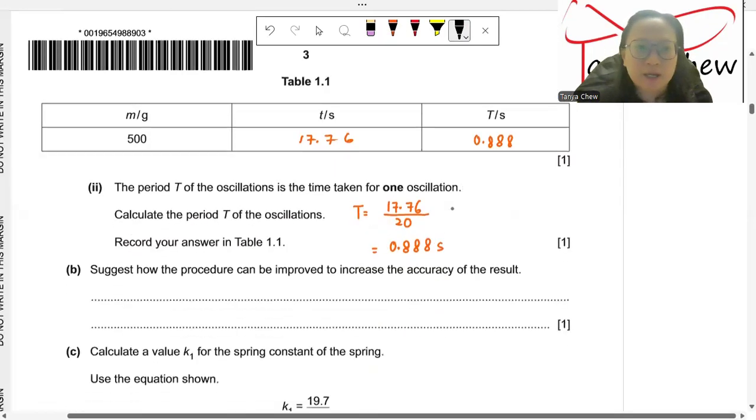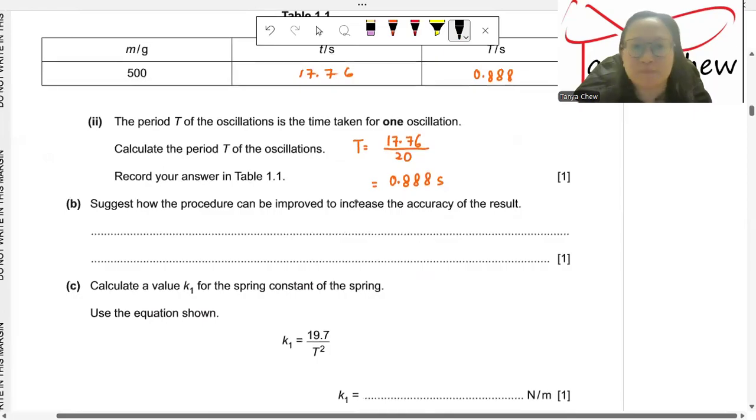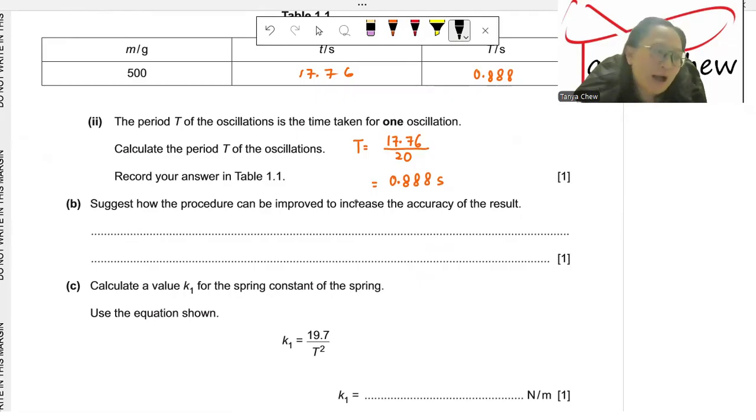Now, the next one, B, suggest how the procedure can be improved to increase the accuracy of the result. I say that because if you look at the table given, the student just conducted the experiment once and found the value of t right away. Maybe first, you could increase the number of oscillations and then repeat the experiment 3 times and find the average for better accuracy of the result.